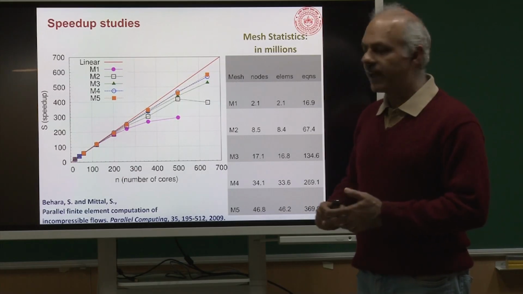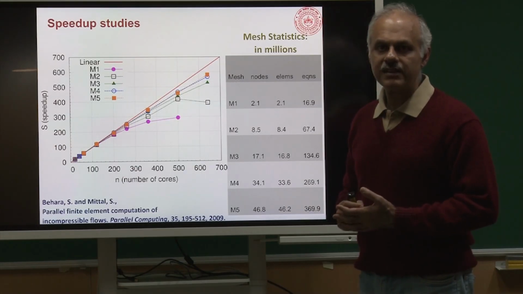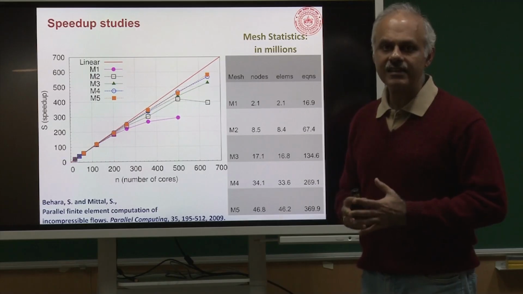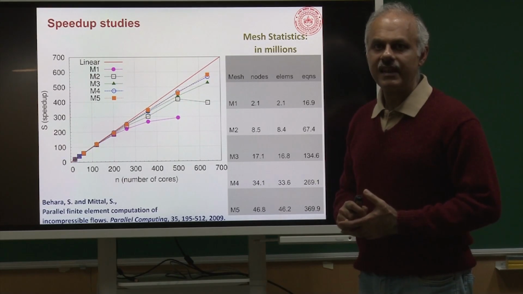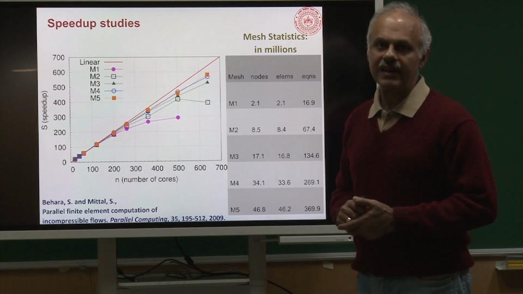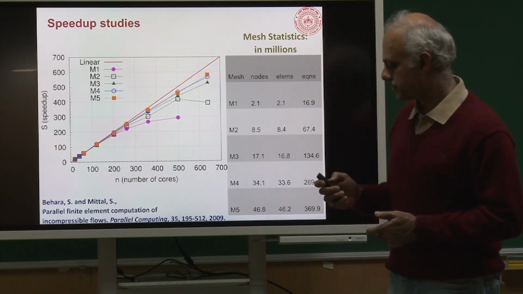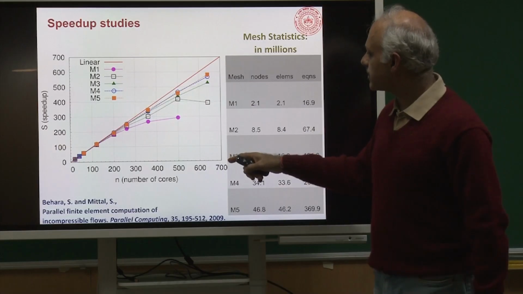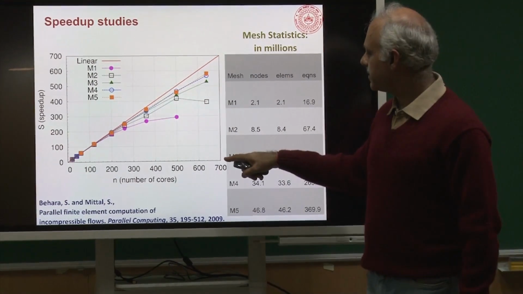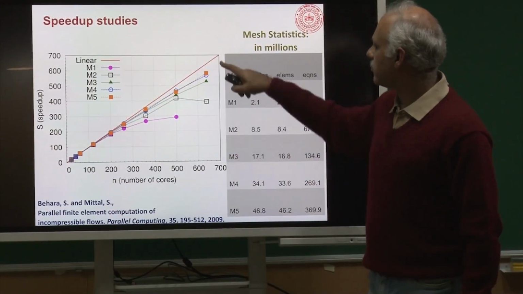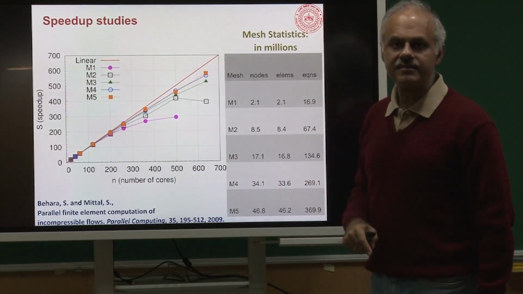Okay. So, today if I can do, let us say, flow over half a wing with my computer, maybe if I get 10 times the computer, then perhaps I can do flow past a full aircraft, as an example. So, this is pretty good scaling. The red line is the ideal scaling, that means with 700 cores I would get a speed up of 700.